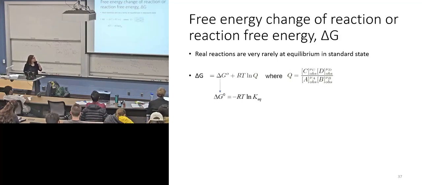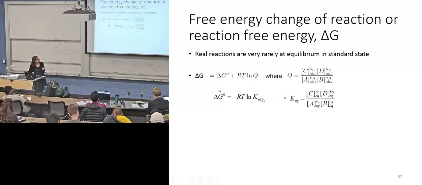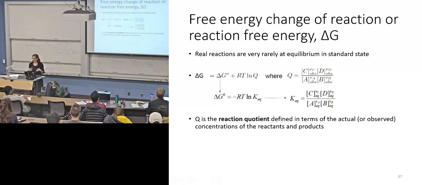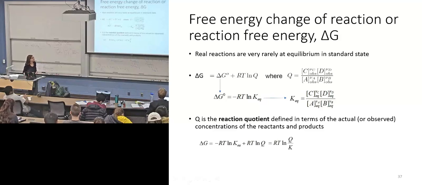So remember that standard state free energy change, or delta G naught, is negative RT times the natural log of K eq. These are our equilibrium concentrations. So again, observed, actual, real, experimental, any of those words, you're no longer talking about equilibrium. And you can simplify this equation by properties of logs.